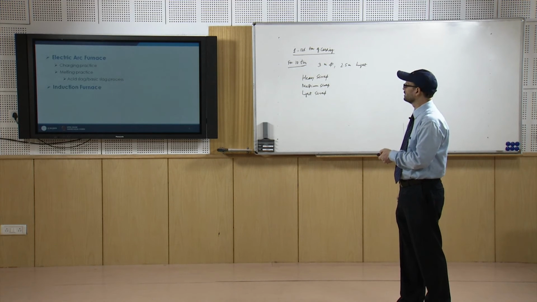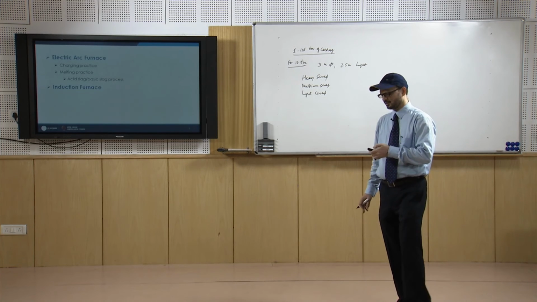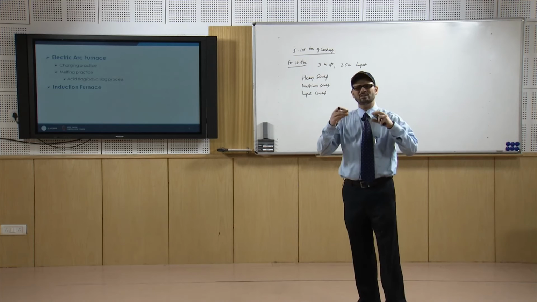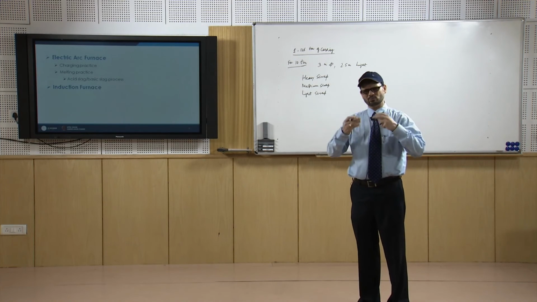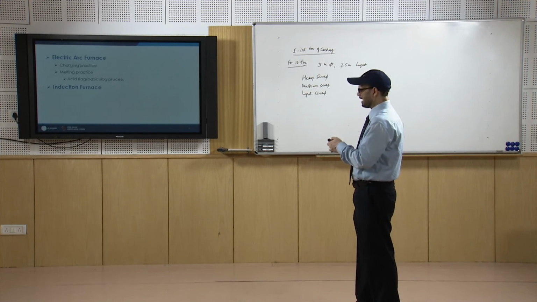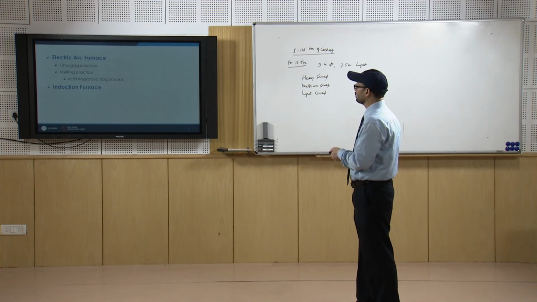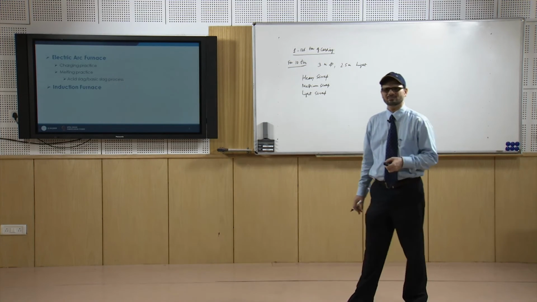Normally we go for ferrous melting in these cases. In the case of induction furnace you have the loss of alloying elements to quite a low extent, and as we have discussed you have core type and coreless type of induction furnace.